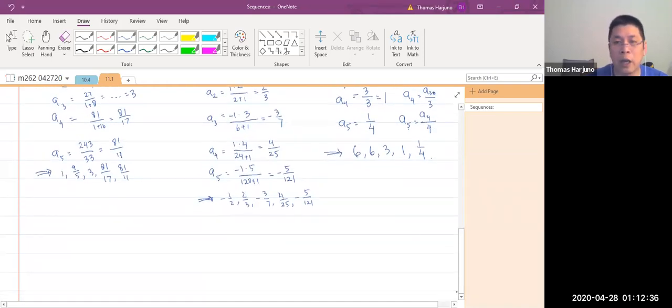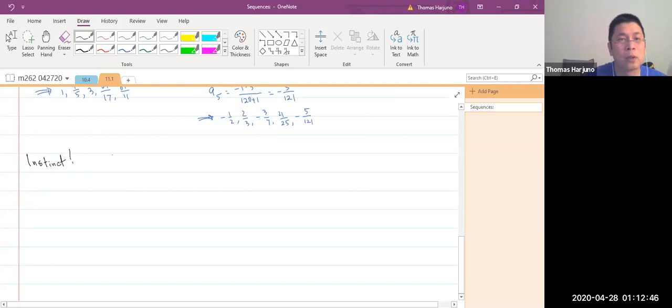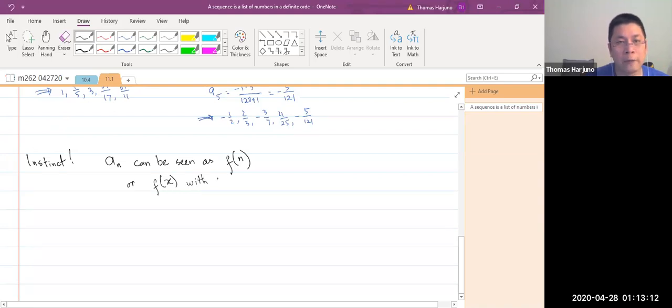Now, the following is instinct. Okay, now A sub n can be seen as Fn, okay? Or think of that as Fx with integer domain.